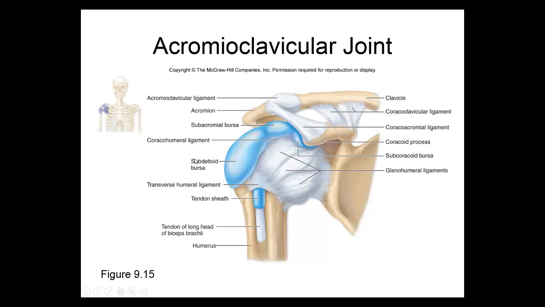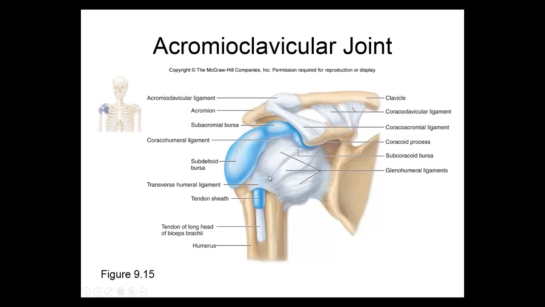We will see also that we have a very strong ligament coming from the coracoid process to the humerus, and that will be your coracohumeral ligament. These are ligaments that will tie the two together. But in addition to that, we also have the coracoacromial ligament, and that will help in tightening the capsule so the capsule doesn't pop up there.